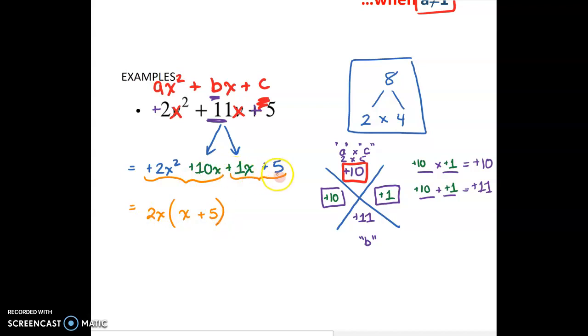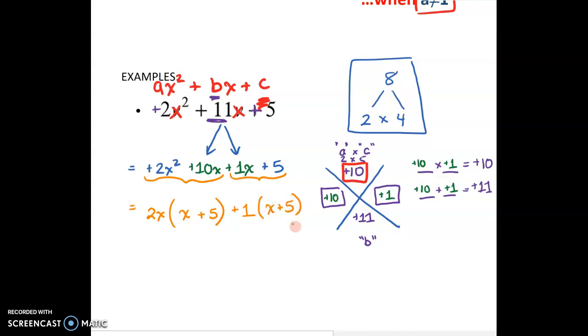Then in the second expression, there's a 1x and a 5. Well, the only greatest common factor between those two values is just 1, a positive 1. It only leads with a positive, so I'm going to keep it with a positive. I can take out 1 because 1 times anything is still the anything. So what's left over is just the x plus 5.